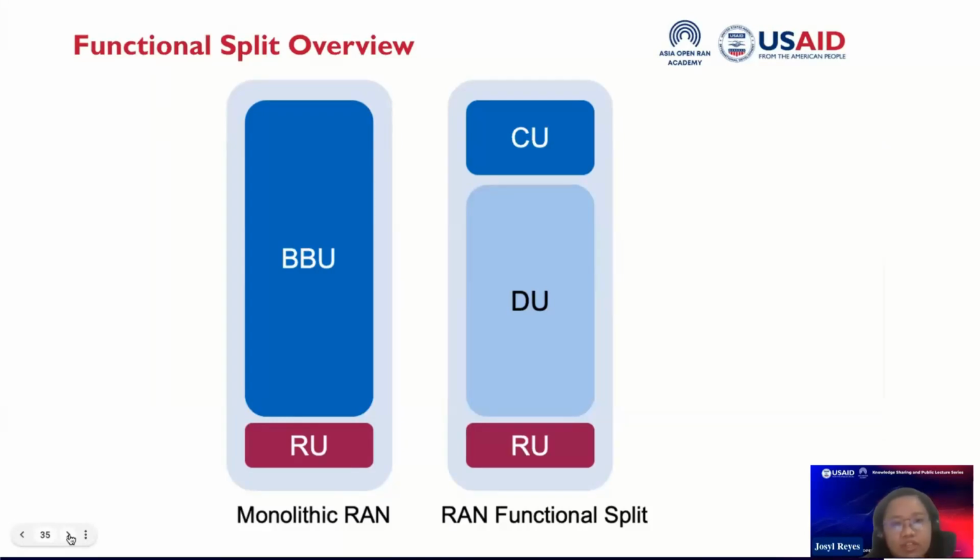The mobile operators and vendors can decide how to split the functions. So it's not necessarily just the CU only manages a certain part. It can also be customized to manage other applications or other functionalities. This is brought by the concept of the open and the virtualization of the different software.